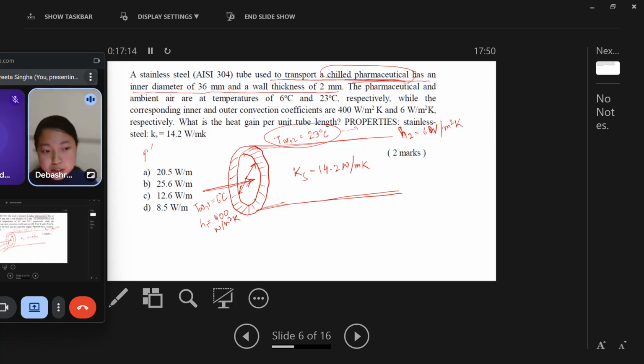This problem can be done again by using the resistance approach which we followed in the last class. There are three resistances. One is the inside fluid resistance. Another is the resistance of the stainless steel itself, and the next one is the resistance in the outside air.